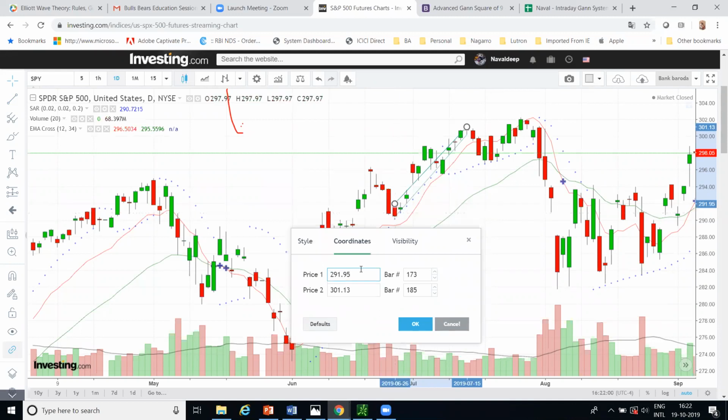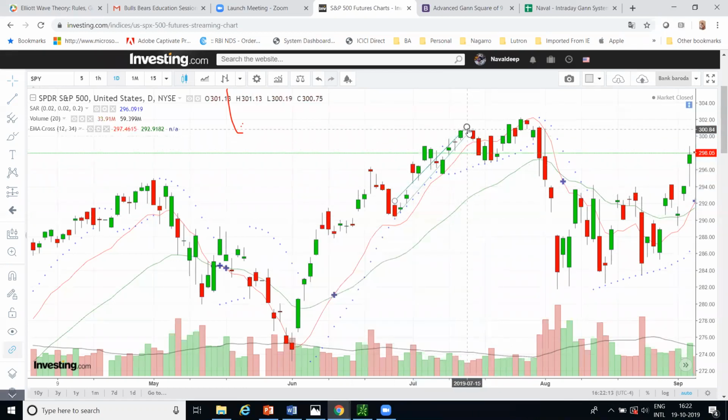So it's 292.31. And you need to use these trend lines properly because they're very useful. And this is 301.13.